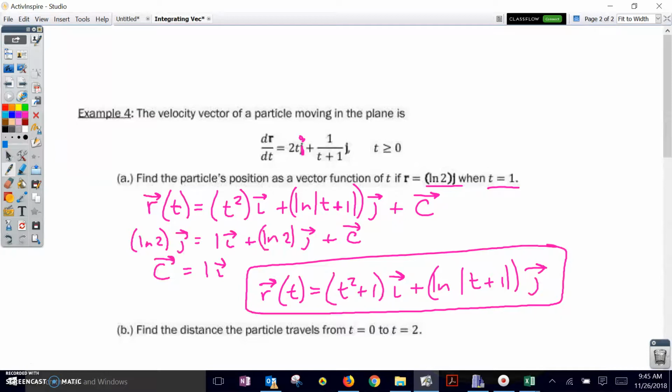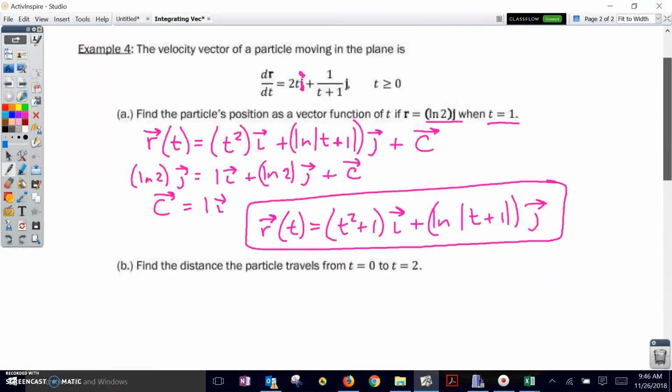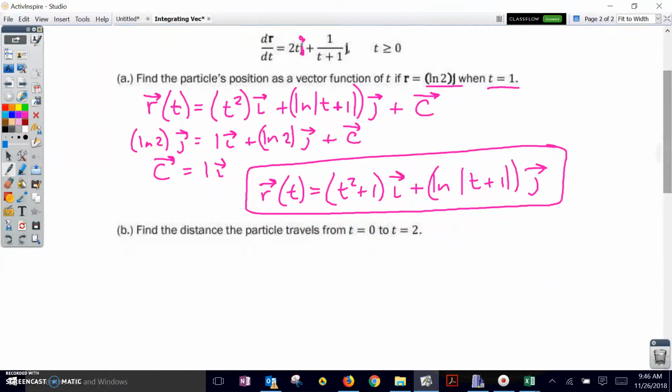Part B, find the distance the particle travels from t equals 0 to t equals 2. And so really what we're looking for is the length of this path. In order to find the length of this path, probably the best way is to use the velocity function that we're given and use our arc length integral.